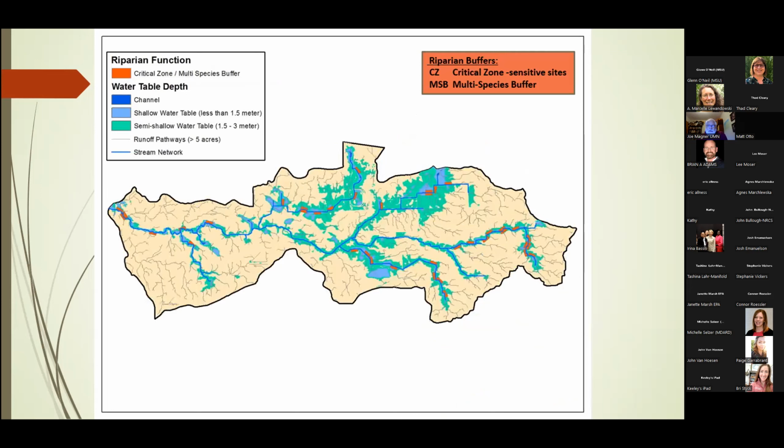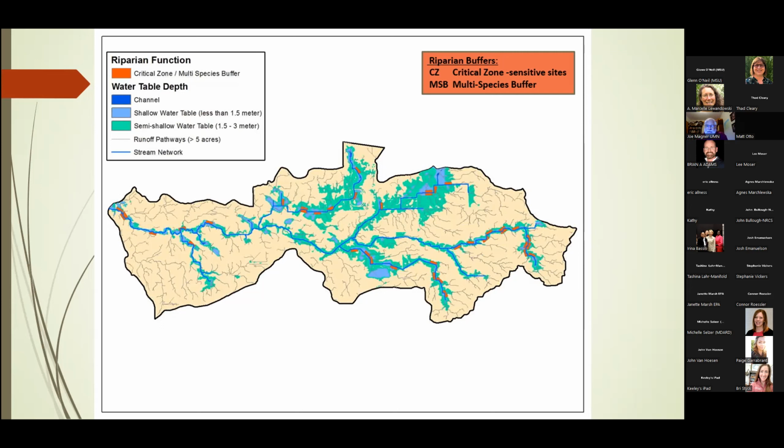When we look at buffers, there were a number of places where Sarah was able to identify where buffers could go in. And again, that was part of Herb's job, to go out and meet and eventually convince landowners to do this work. This is based on where we think the water table is.